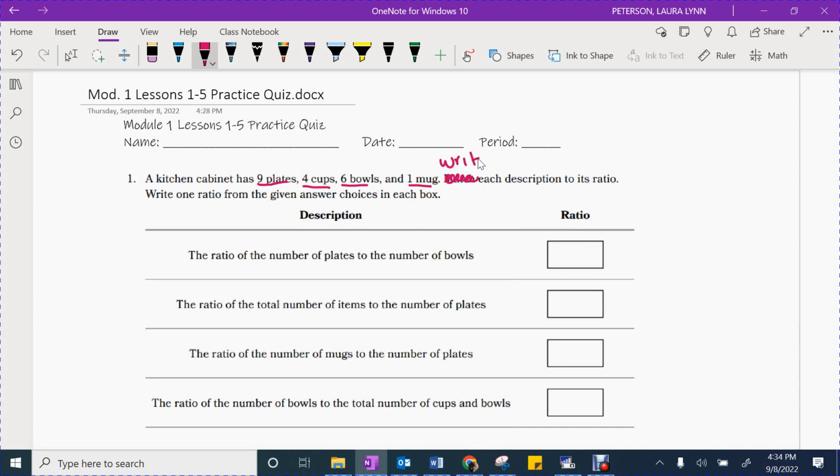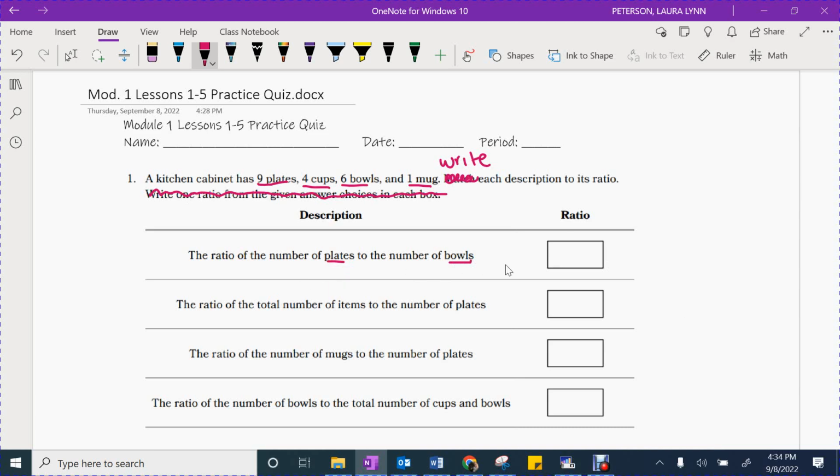We are going to write each description for the ratio, and we don't actually have answer choices. So we're just going to write the ratio based off of what the sentence describes. So part 1 says the ratio of plates to bowls. We can pull all of our information from the numbers that are underlined above.